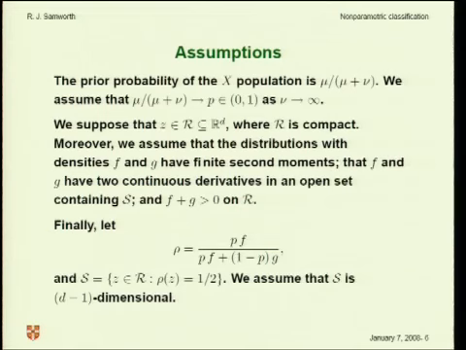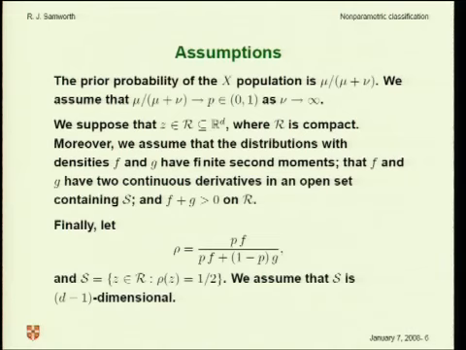I assume the point belongs to a compact set, and there are some assumptions on the behavior of the densities. I really put these up to try to convince you that the assumptions required for these results are relatively weak. We want two continuous derivatives in a neighbourhood of this set S, which I've defined a bit below here.